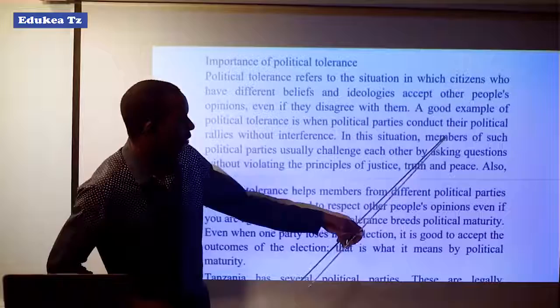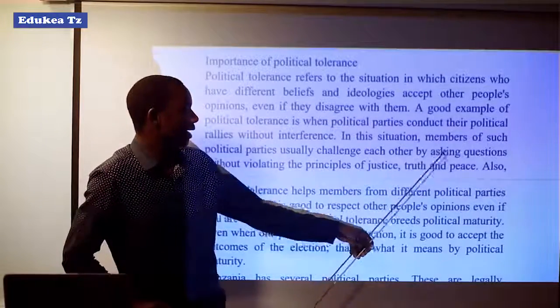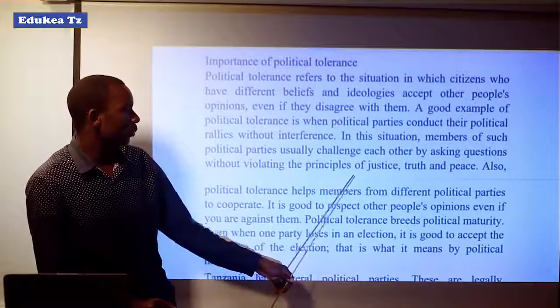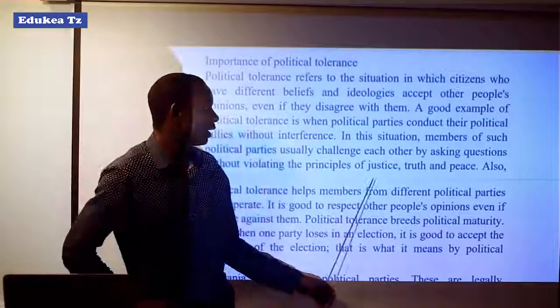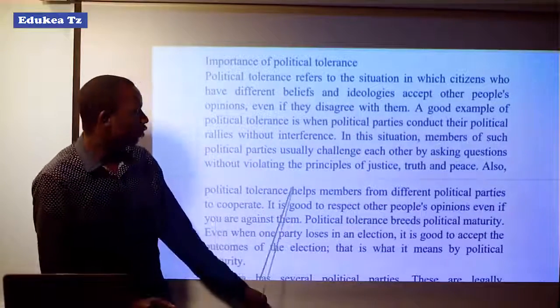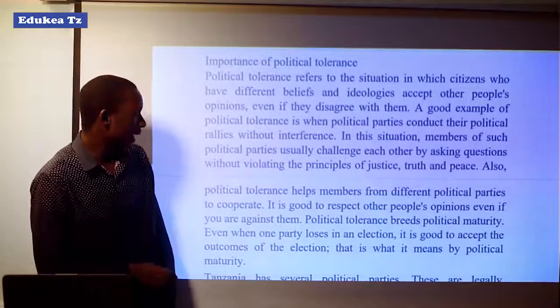In this situation, members of such political parties usually challenge each other by asking questions without violating the principles of justice, truth, and peace. Also, political tolerance helps people from different political parties to cooperate.